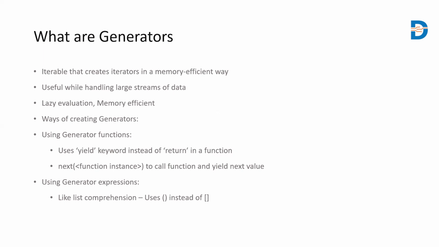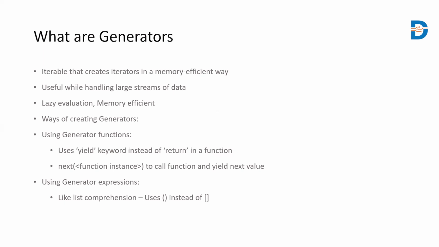So if you see it that way, they can be called lazy iterators or lazy evaluators, right? They generate or produce items only when requested, and they do not generate all items at once.